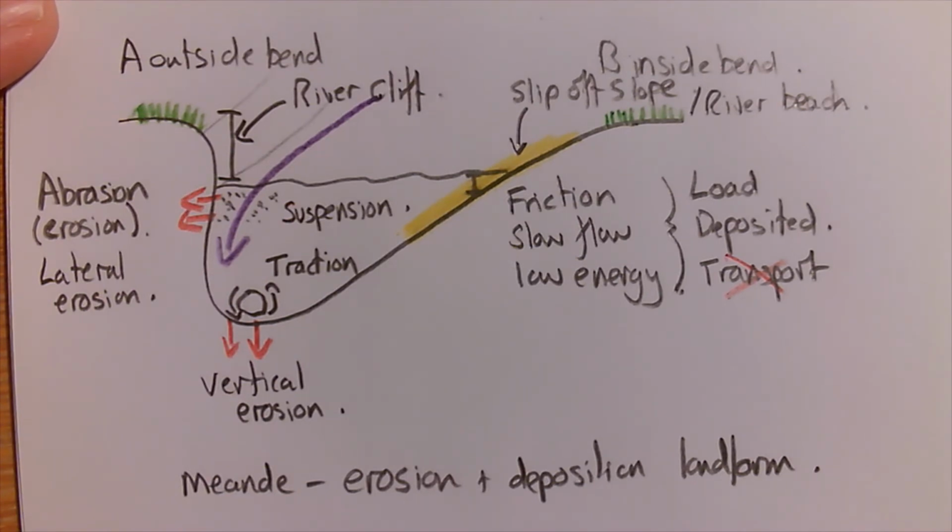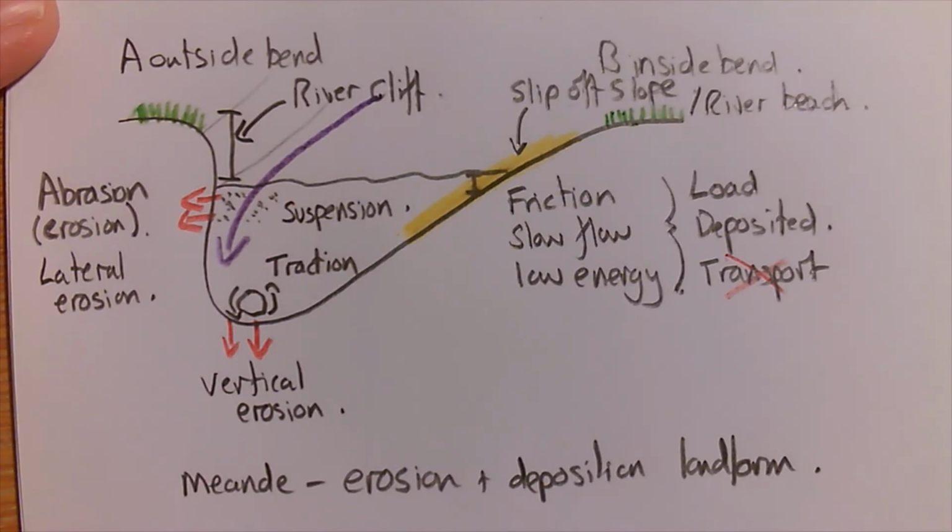So please pause your video and take time to try and recreate this diagram on your own, and instead of just writing keywords, annotate it with fully developed and explained sentences so that you have a clear understanding of what's going on at a meander bend. Once you've done it, unpause it and check it with my diagram.